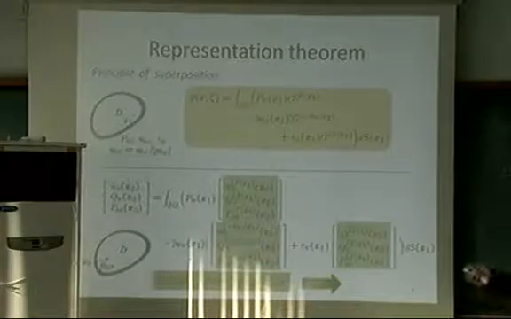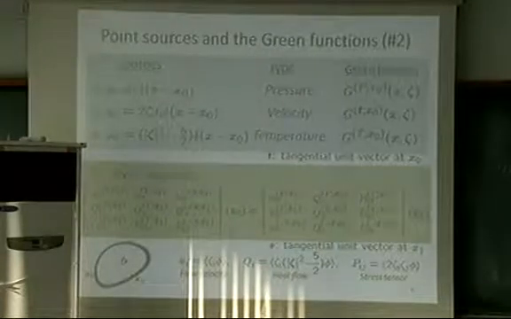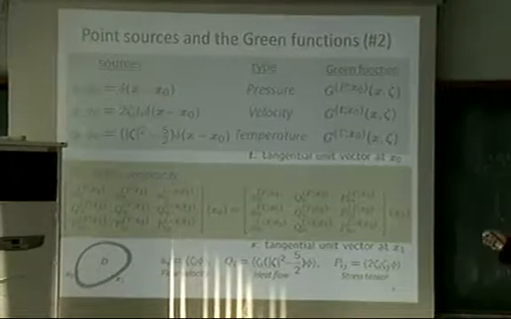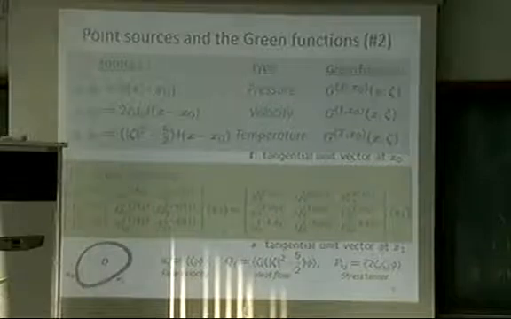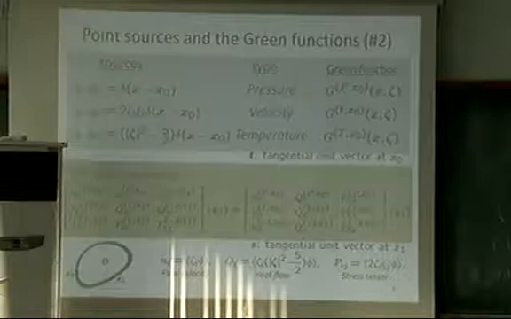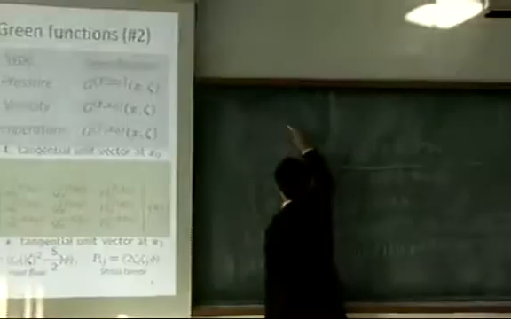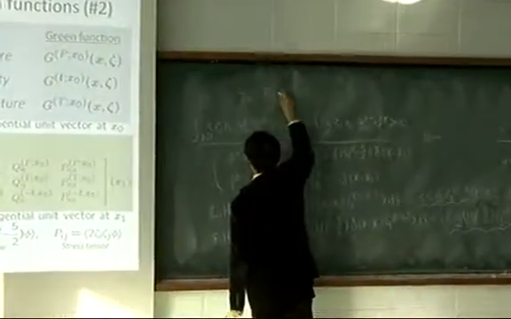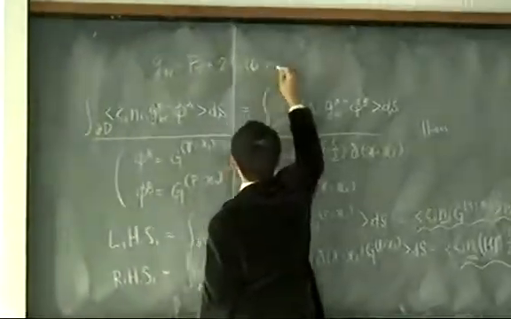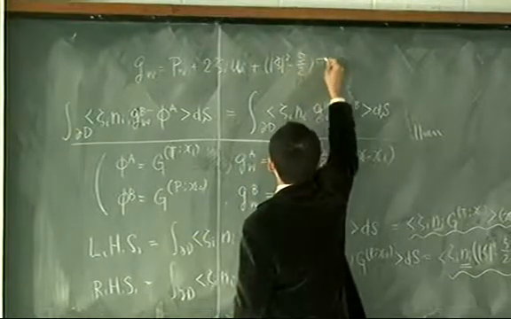So here, the key issue is that we express the Green functions for point sources by these notations, and G_W, I badly organized the blackboard writing, but G_W is P_W plus 2 zeta_i u_i, u_W_i plus (zeta squared minus 5/2) tau_W.